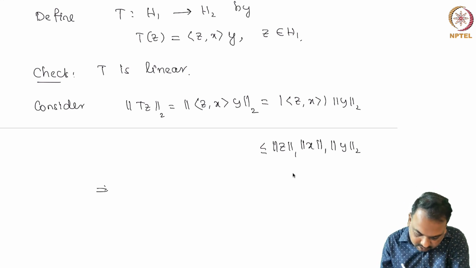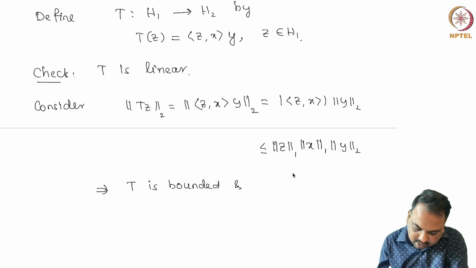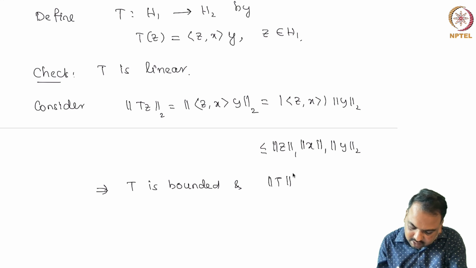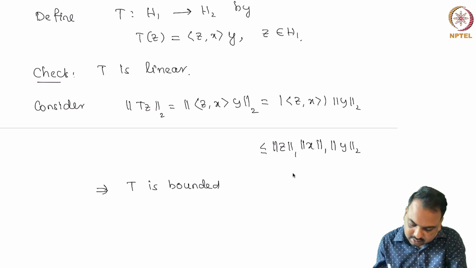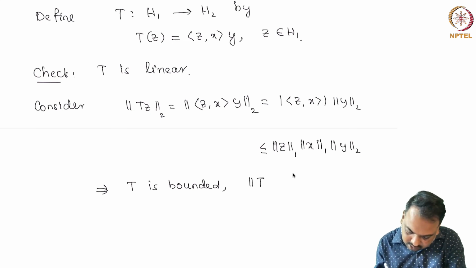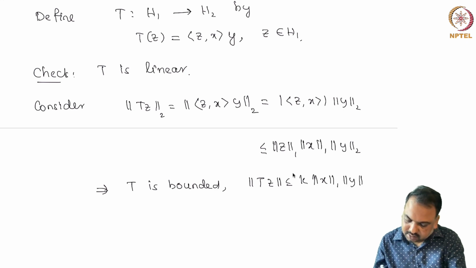So we can say that T is bounded, and the norm of Tz is less than or equal to k times the norm of z.